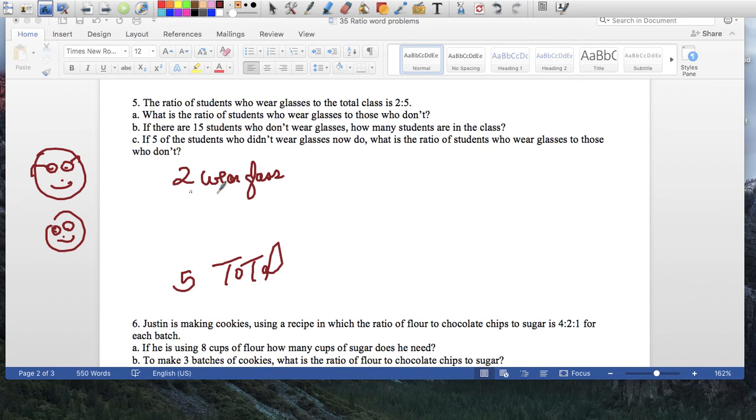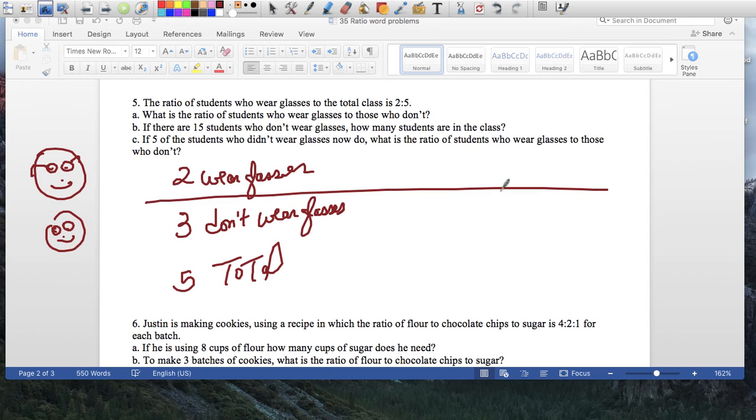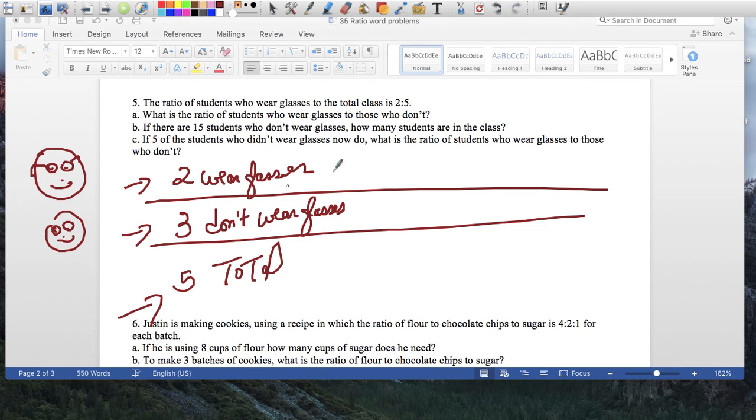So if 2 people wear glasses out of 5, how many people don't wear glasses? Well, 3 people don't wear glasses. That makes sense, right? So in a classroom where there's 5 people, 2 people wear glasses and 3 people don't wear glasses because the total has to be 5.